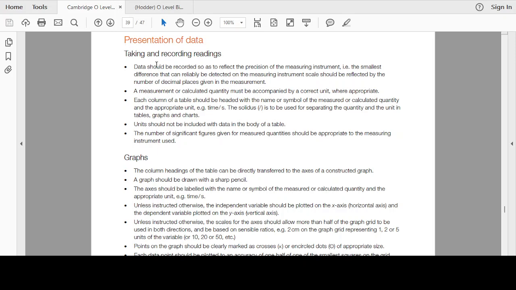Taking and recording readings, so data should be recorded so as to reflect the precision of the measuring instrument. So if you're using a meter rule and the smallest measurement you can take is 1 millimeter, for example, then you're not going to give your value as 36.74 centimeters, because the 36.7 makes sense.